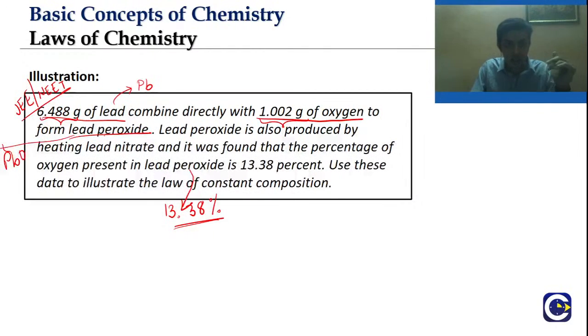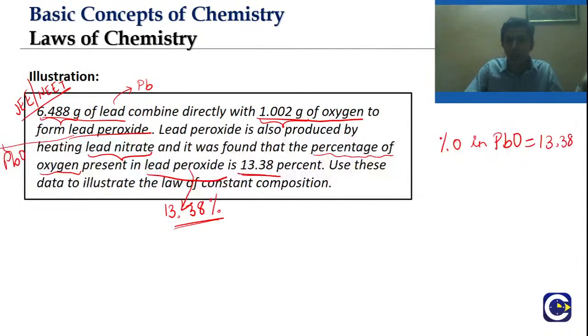And in another way, lead nitrate was heated, and that also gave lead peroxide, in which the percentage of oxygen is 13.38%. So basically, the percentage of oxygen in the first PbO or the second PbO should be 13.38% only, isn't it?